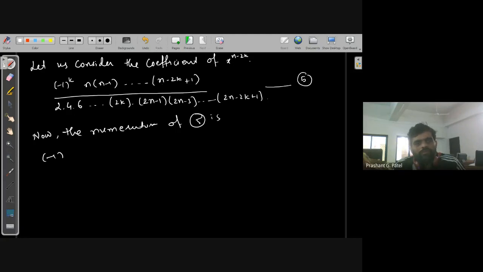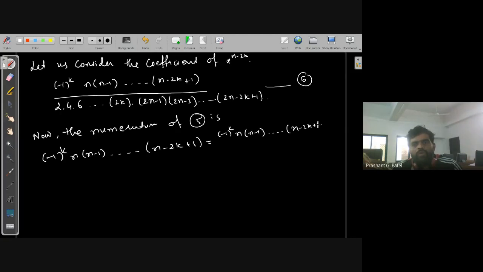It is minus 1 raised to k, n into n minus 1 up to n minus 2k plus 1, which I may write down as minus 1 raised to k, n into n minus 1 up to so on, n minus 2k plus 1.